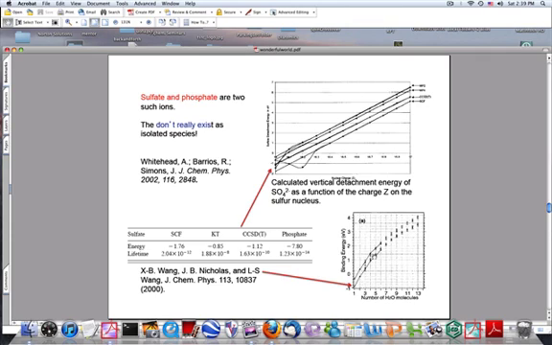Moreover, if you were to try to extrapolate their data with, say, 5 waters, 4 waters, 3 waters, and try to say what should it be for no waters, it should be about this minus 1 that we're talking about here. So this is just some experimental data that shows that, yeah, probably sulfates with 0 or 1 water aren't really bound.